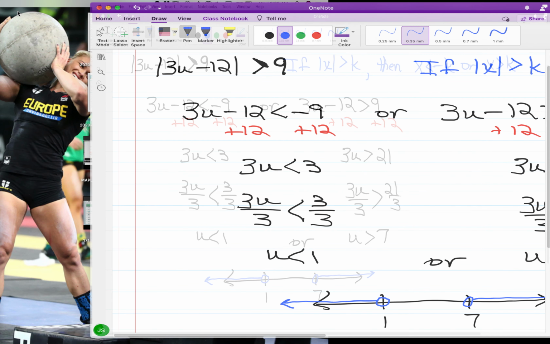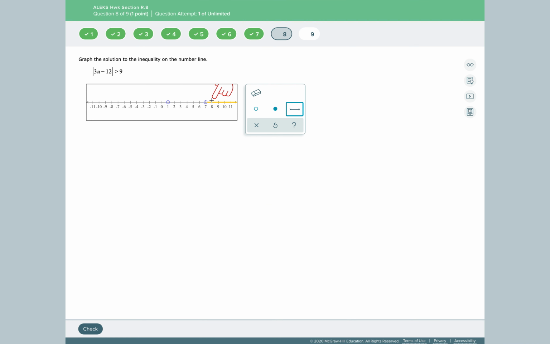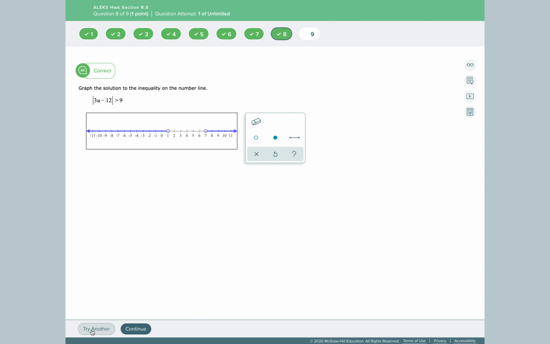Looking at what we have here, you have an open circle on 1 and on 7, a ray to the left and a ray to the right. And the result is correct.